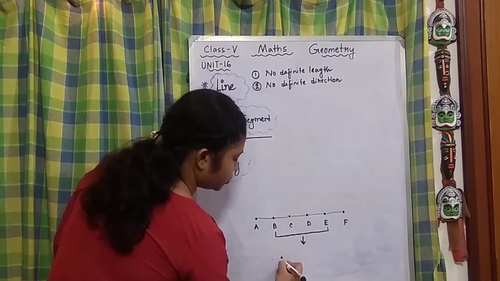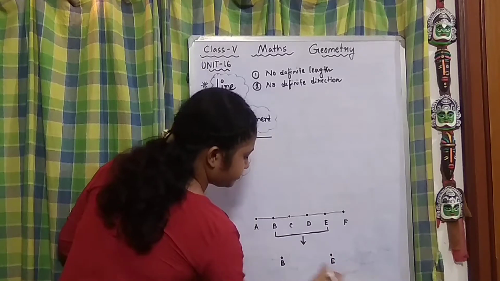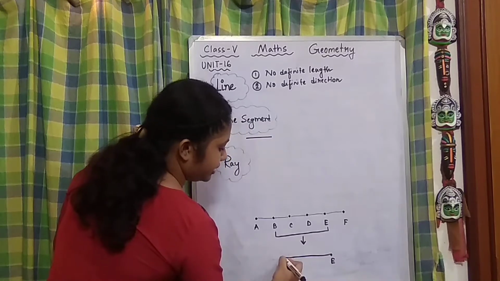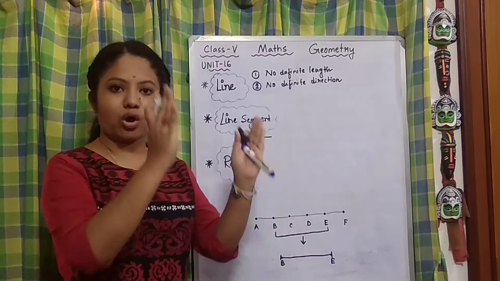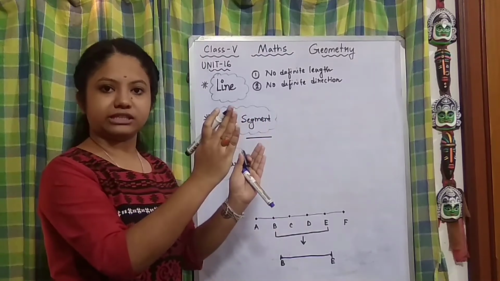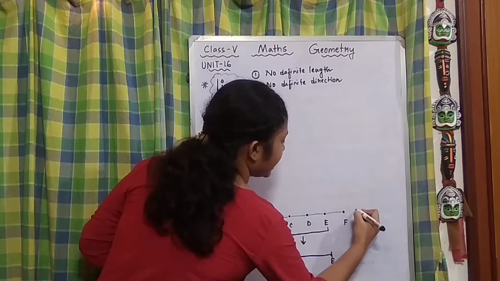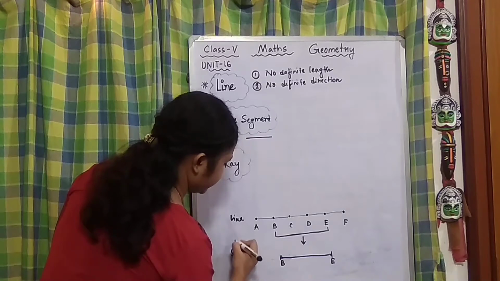We first draw 2 points B and E, and we block these points with 2 bar symbols, or just blocking lines. Okay, so this is how we represent it. If this is the line, this is the line segment.